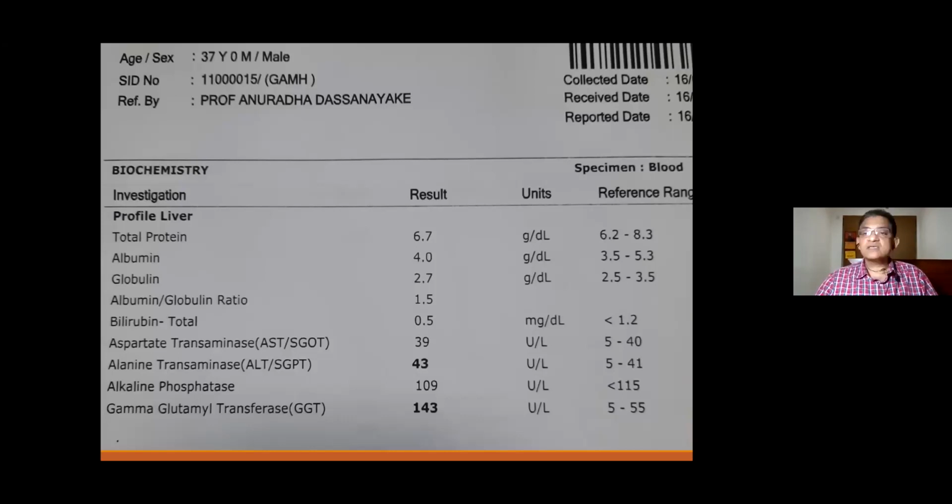Or although he takes alcohol only occasionally, as revealed by the gamma GT, he may be taking slightly more than what he reveals, and he may be having alcohol-induced fatty liver or early alcoholic hepatitis, or alcohol causing induction of liver enzymes, mainly gamma GT. So this could be a mixture of alcohol plus fatty liver, because he has a higher BMI and a family history of diabetes. So chances are that he's going to get diabetes in the future.